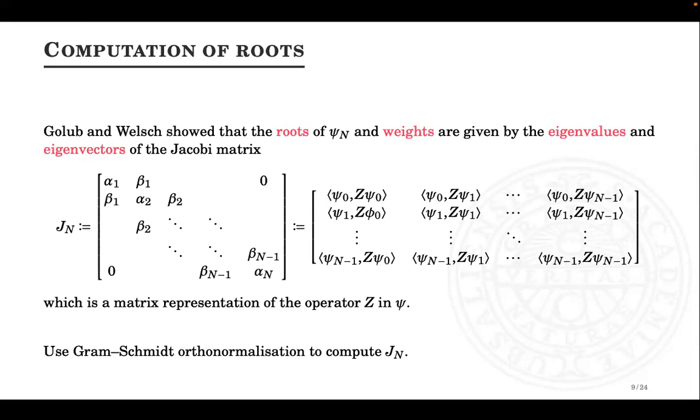By definition, it is essentially a matrix representation of the operator z. Every element is a projection of the operator onto the spaces. So to compute Jn, we just need to compute such a matrix, applying some Gram-Schmidt and normalization.